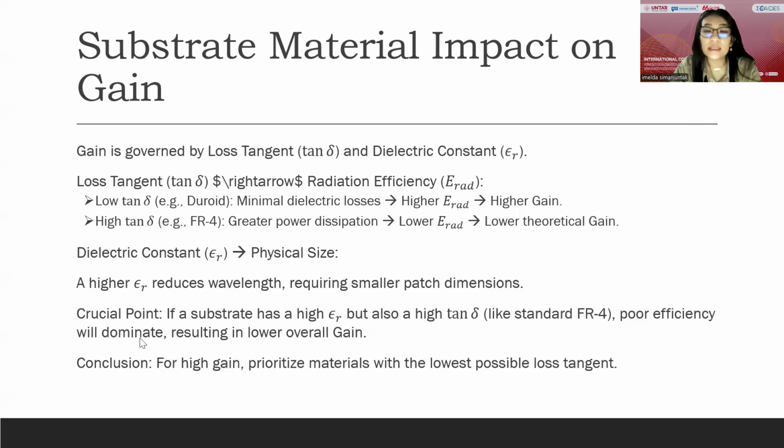The crucial point is that if a substrate has a higher dielectric constant but also a high loss tangent, like FR4, we get poor efficiency and a lower overall gain. The conclusion is that for high gain, prioritize material with the lowest possible loss tangent. That's the goal.